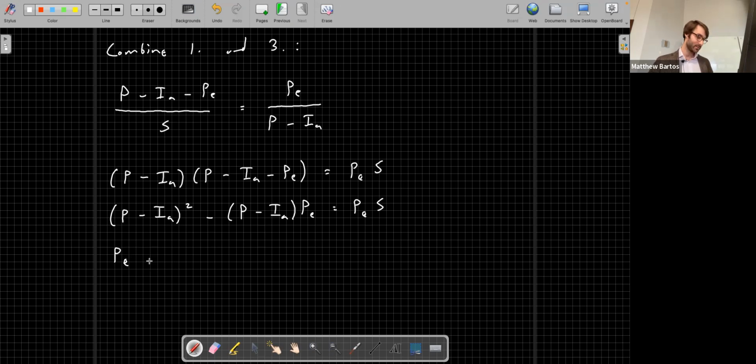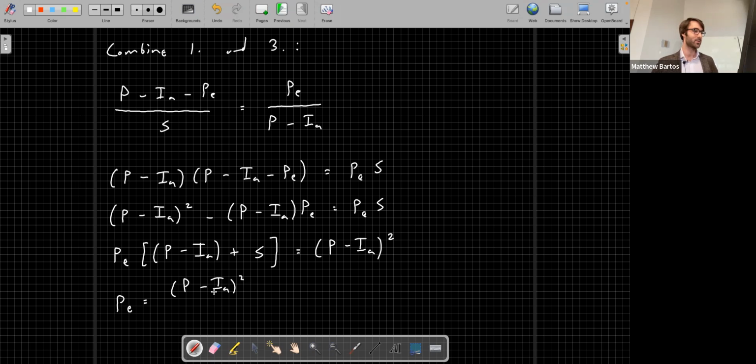We get that PE times quantity P minus IA plus S is equal to P minus IA squared. Then all we need to do is rearrange for PE on the left-hand side, and we get that the excess precipitation is equal to total precipitation minus initial abstraction squared, divided by total precipitation minus initial abstractions plus the maximum possible retention storage. Okay, so this is the fundamental SCS equation.